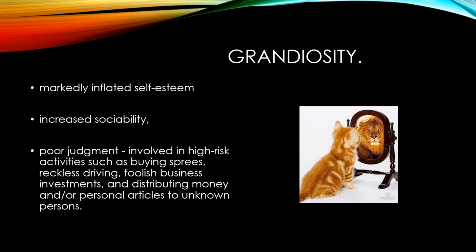They might get into reckless driving, thinking that they are invincible. There can be a lot of investments which are very bad, or they might just give away their money, their jewelry to strangers on the road just wanting to help them. So these are all symptoms of grandiosity, symptoms of a manic episode.